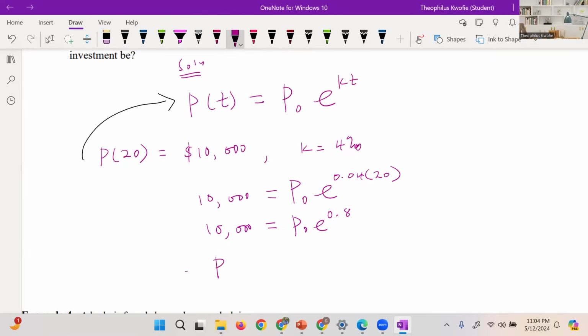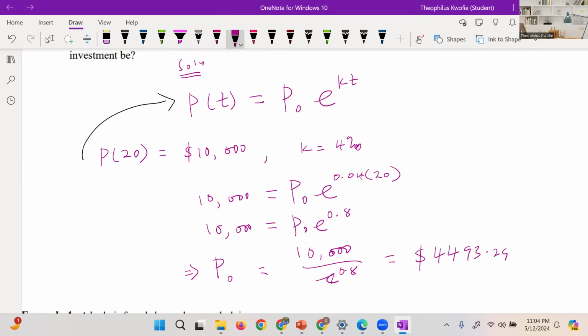This implies that our P naught will just be equal to 10,000 divided by e to the power of 0.8. And when you use a calculator, you should have 4,493.29.